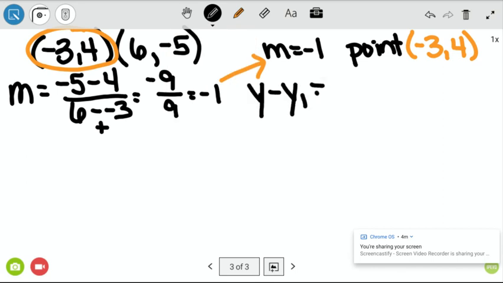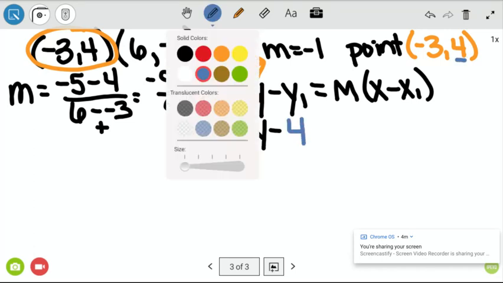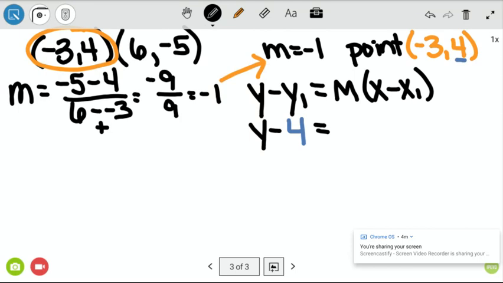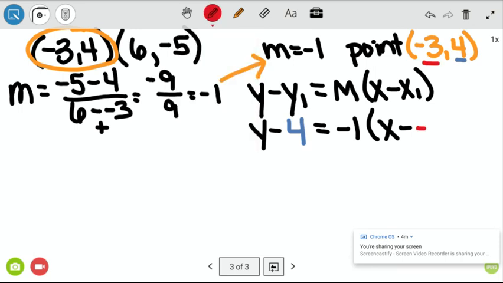Y minus y1 equals the slope times x minus x1. So when I plug this in, y minus, my y-coordinate is a 4, equals, my slope is negative 1, which I got from my work. Then I have x minus, here my x-coordinate is a negative 3.